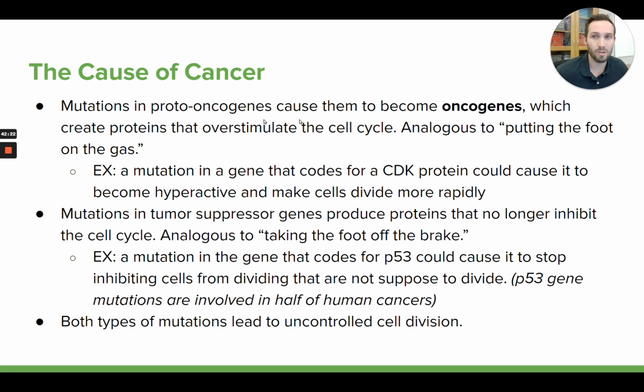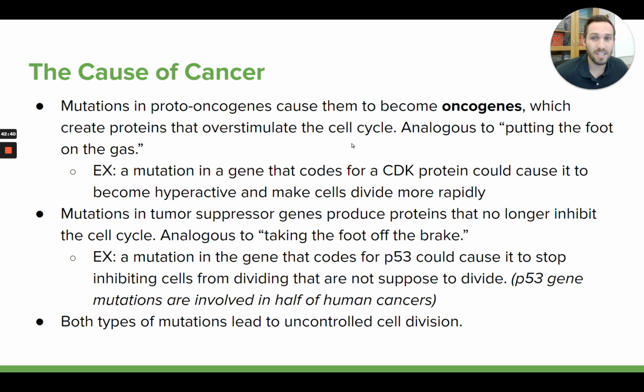Oncogenes are bad proto-oncogenes. These are proto-oncogenes that now have mutations that are overstimulating the cell cycle. These proteins are like proteins that are too good at their job.